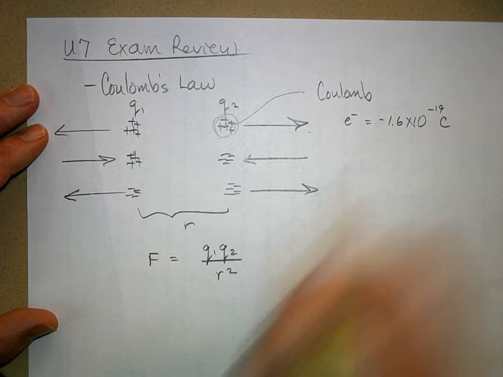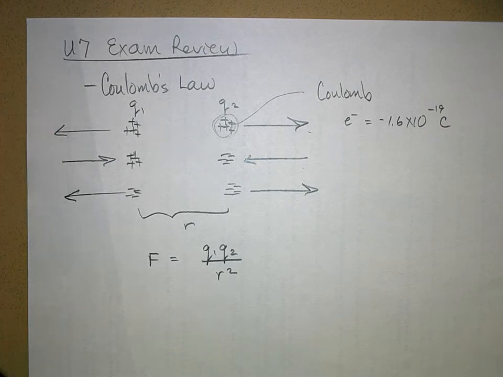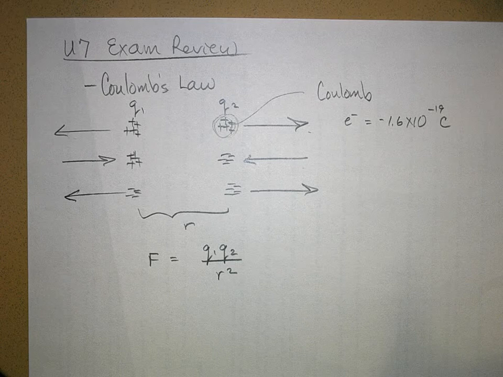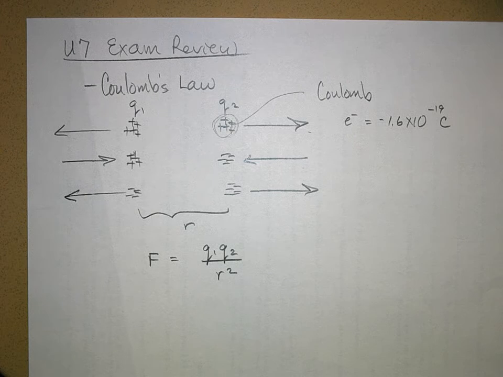Now, it is negatively charged, and a proton has this amount of charge, but of course it's positive. And if you want to know how many electrons are in a coulomb, just take the reciprocal of that, and you'll get a big number. Too big to really comprehend. And that's okay. That big basket of charge is called a coulomb of charge.